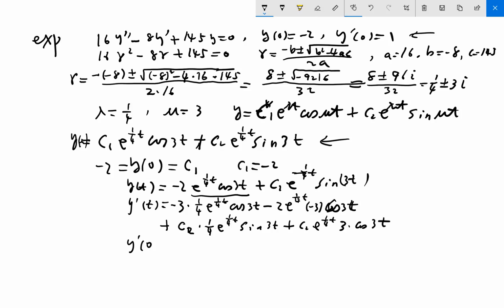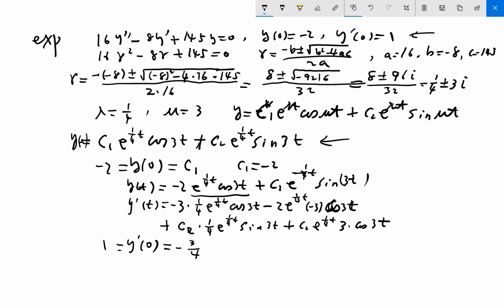Now you plug things in, let t equal to 0. This should give us 1. The first term gives you -3/4, since e to the 0 is 1 and cosine 0 is 1 times -2 times 1/4 and so on.